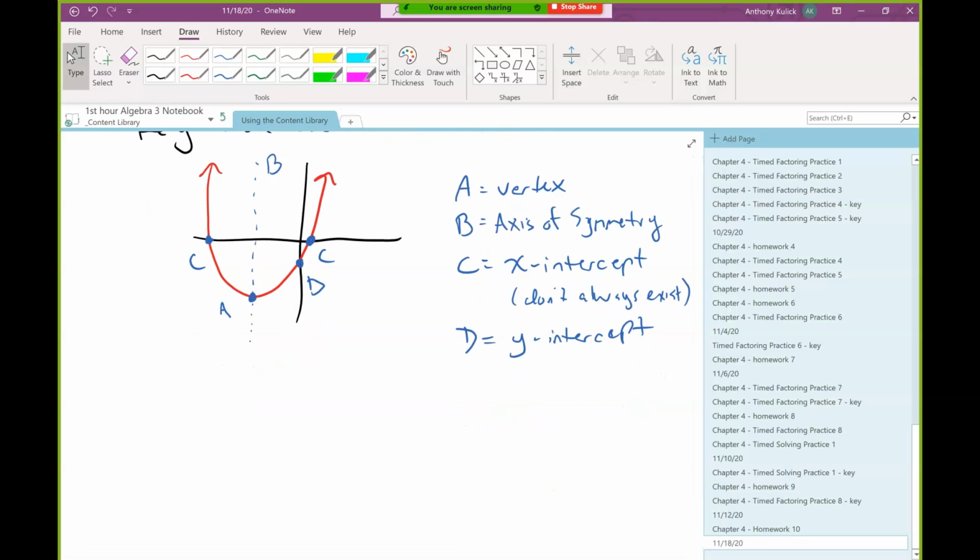So let's talk about how we find them algebraically.